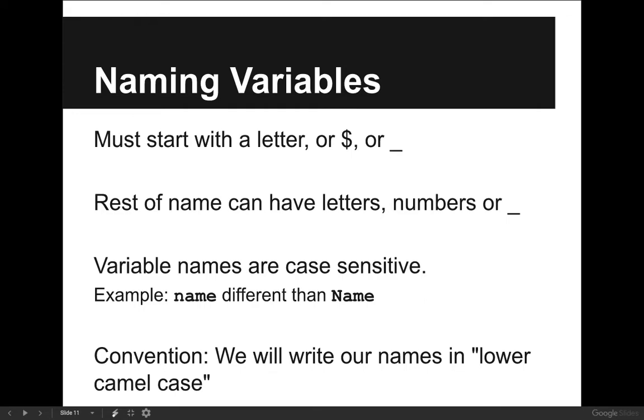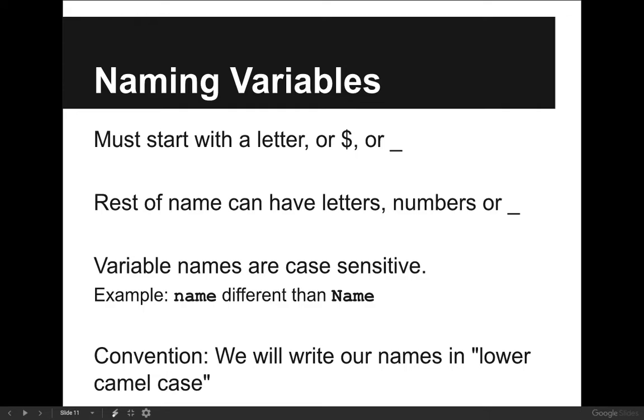We always, always, always want to start variable names with lowercase letters. The reason is as we get deeper into coding, more into the Coding 2 class, we start talking about classes and objects, and those are reserved with capital letters. We also want to use lower camel case.